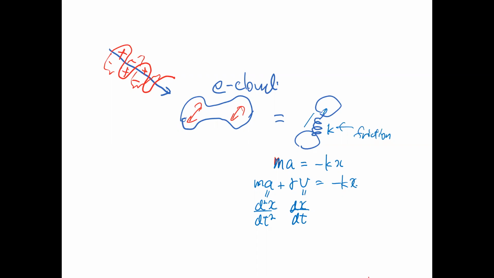So what you can obtain is m d²x/dt² plus m gamma dx/dt plus k x equals 0.